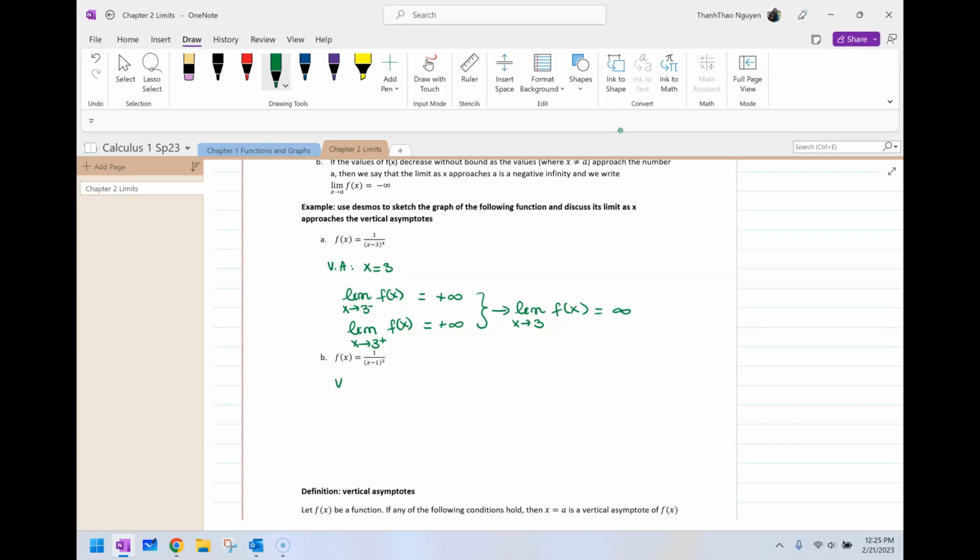In our next case, we have the vertical asymptote x equals 1. And we want to see what happens for the limit as x approaches 1 from the left, the limit as x approaches 1 from the right, and the limit as x approaches 1 of f of x. So again, we go ahead and use Desmos.